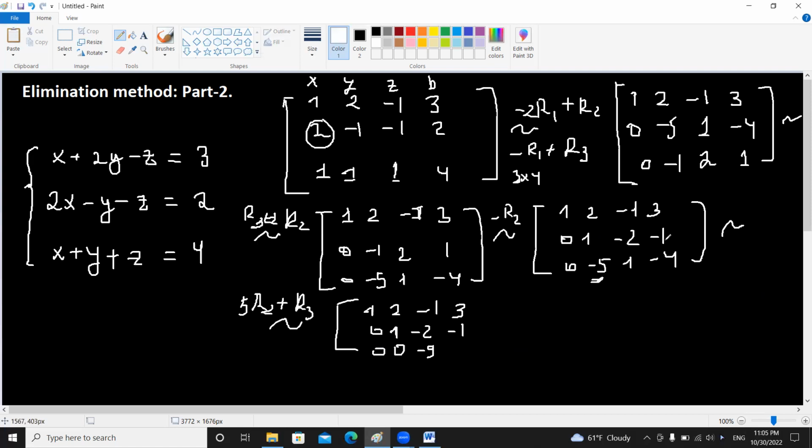So 5 times -1 is -5 plus -4 again is -9. So by dividing the last row by -9, row 3 divided by -9, we get such a final case.